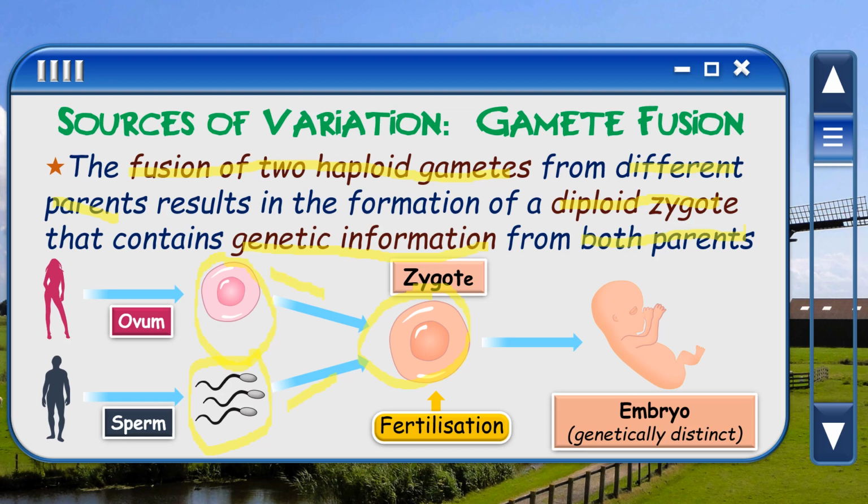Then they combine their chromosomes and form a zygote, which now becomes diploid. Then the zygote differentiates and forms our embryo. Our embryo is now going to be genetically distinct from other embryos, because it has genetic information from both parents.